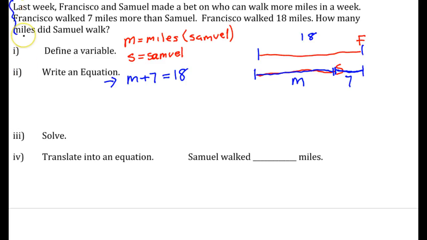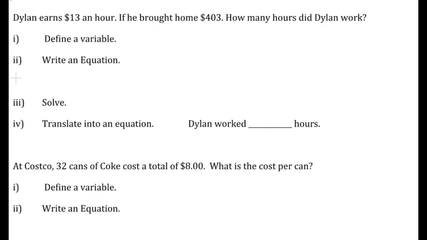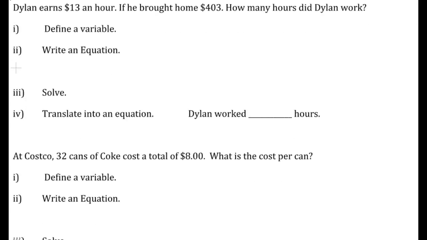Sometimes you look at a word problem and you're like, oh, I don't even know how to start that. Really, look what it's saying. One person walked 7 more miles than another person. That person walked 18. That's all they're saying. So don't let the longer word problems confuse you. Okay. Flip it over.